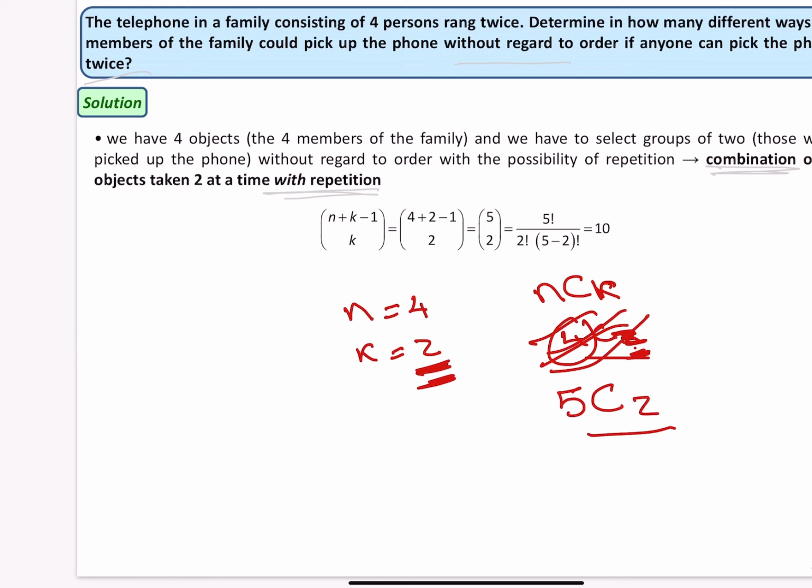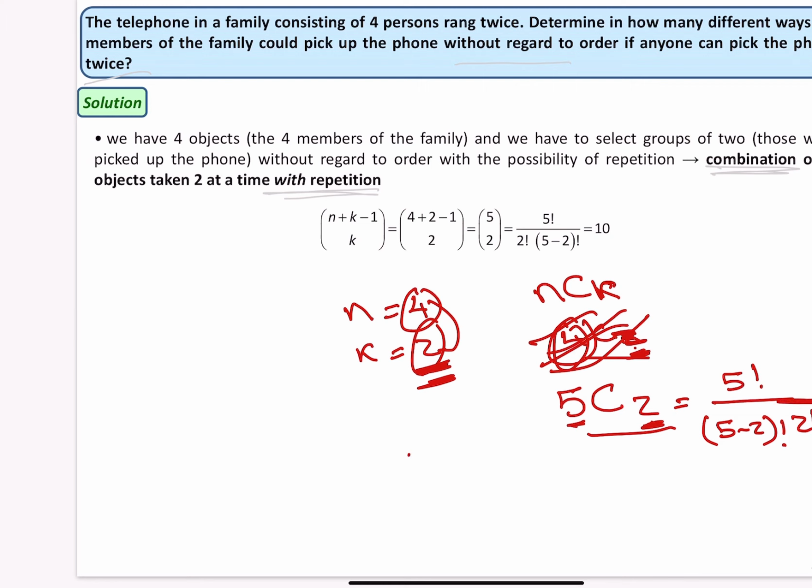And we have to ignore that. I'm just writing it to show how to calculate it. So 4 plus 2 minus 1 gives 5, because there is a repetition in this case. So how will it be? Numerator 5 factorial divided by 5 minus 2 factorial, 2 factorial, the traditional way of answering any combination problem.